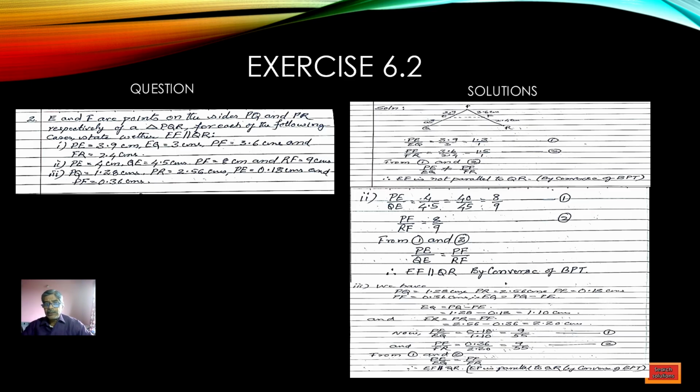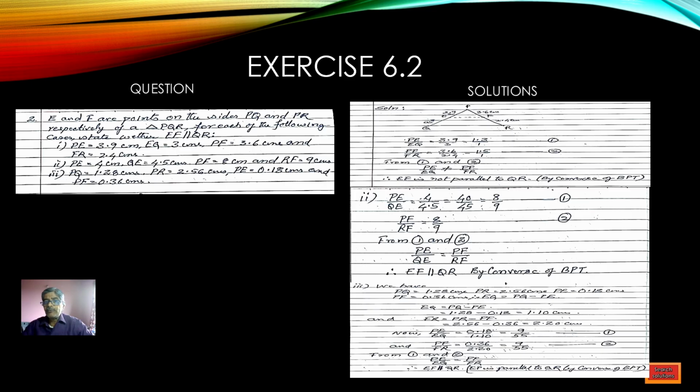Similarly, in the second case, PE by QE is equal to 4 by 4.5, which ultimately on simplification will be 8 by 9. And PF by RF, if we do it, will also be 8 by 9. So we get PE by QE is equal to PF by RF.